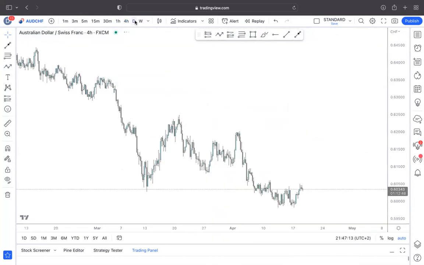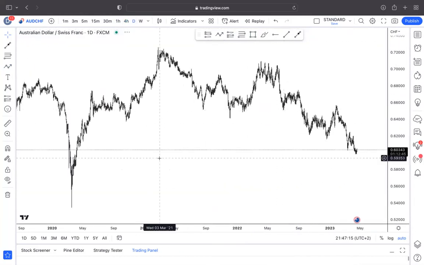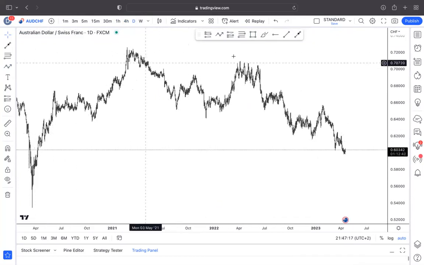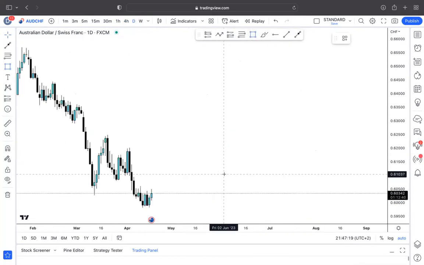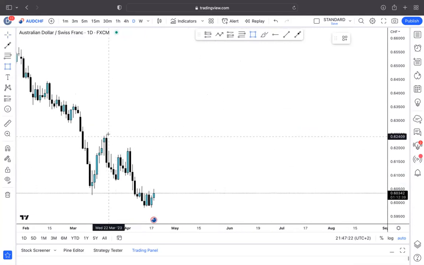So AUD Swiss franc. Daily sells would be from, let's say, this zone here, this candle. I'd say the market will come back in because that's the one that broke this.